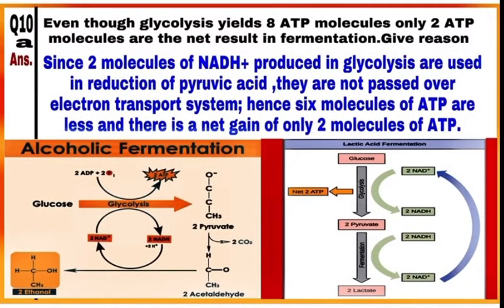Question number 10, part A. Even though glycolysis yields 8 ATP molecules, only 2 ATP molecules are the net result in the fermentation. Give reason.